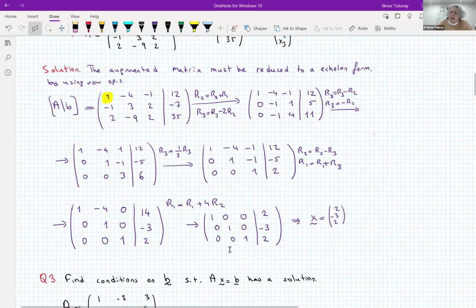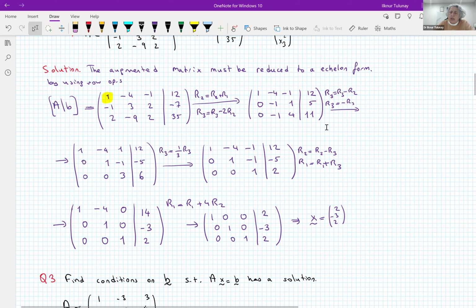So this is the reduced row echelon form of the augmented matrix. We know that this is the coefficient matrix, and when you multiply this coefficient matrix with x1, x2, x3, it is equal to 2, minus 3, 2. But this structure gives you exactly x1 is equal to 2, x2 is equal to minus 3, x3 is equal to 2.